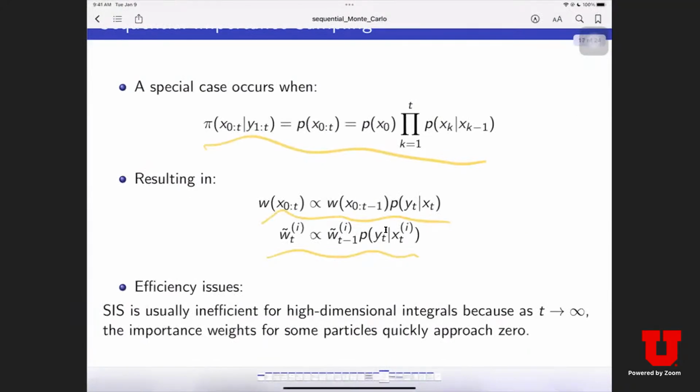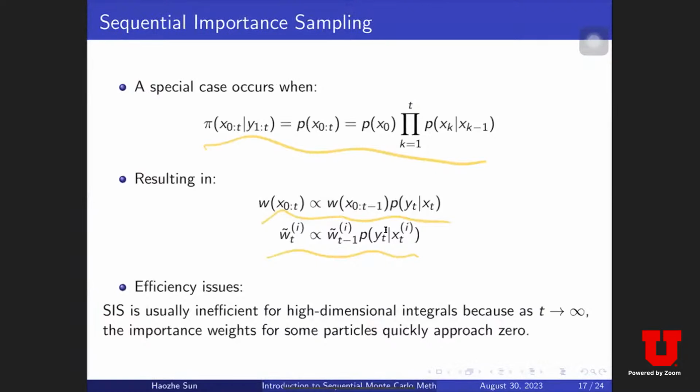And we have some issues with this method, because if the t approaches the limits, the importance weights for some particles quickly approach zero, and we will get only a few non-zero importance weights if the t is big enough.